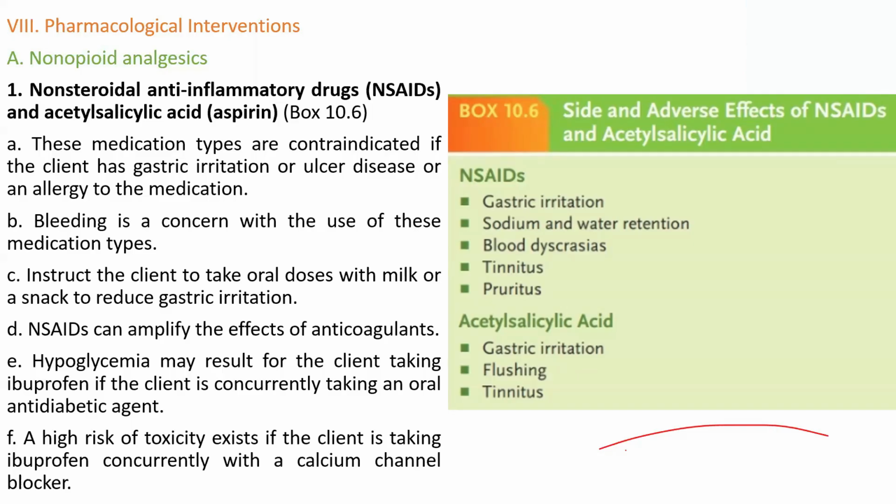Whenever a patient is taking an anticoagulant and you give NSAIDs, which risk will increase more? Bleeding risk, yes. Hypoglycemia may result for the client taking ibuprofen if the client is concurrently taking an oral antidiabetic agent.